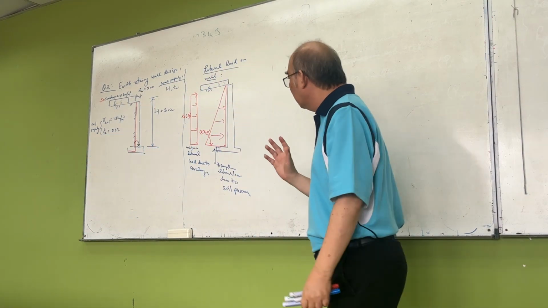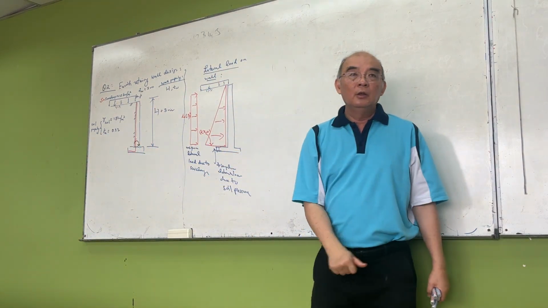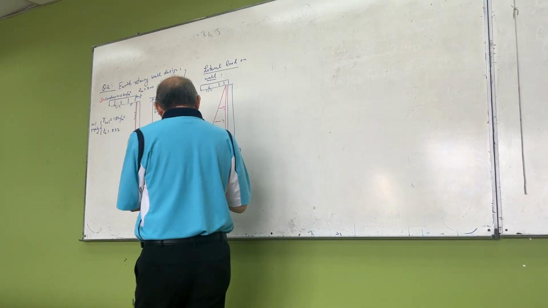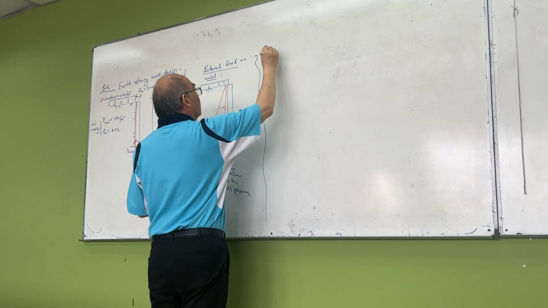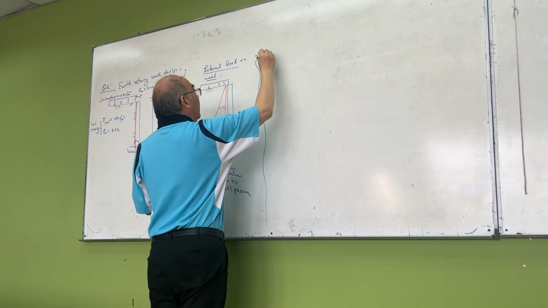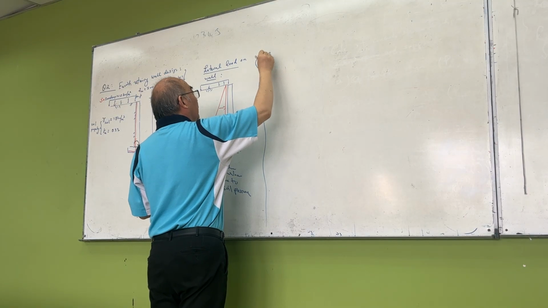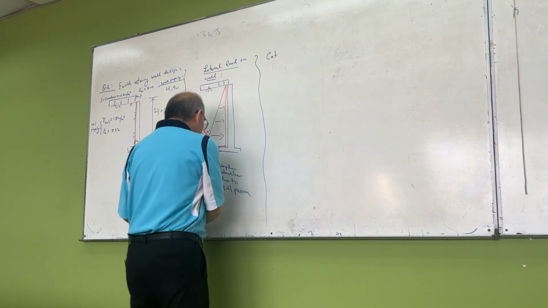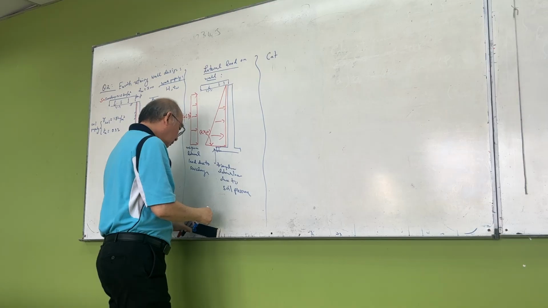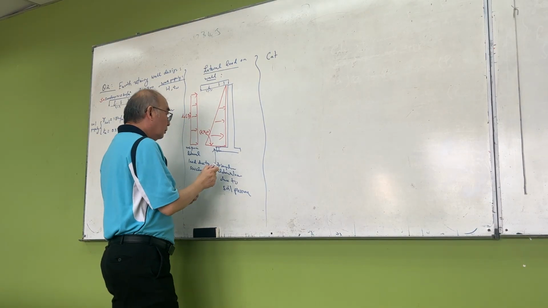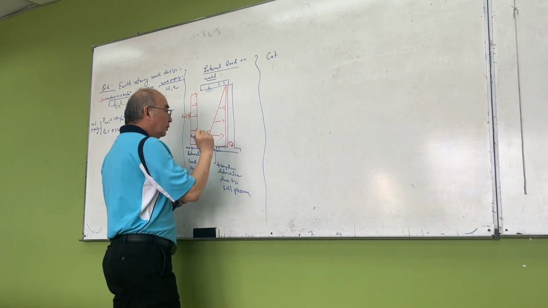So then you go to the lateral load on wall and the cantilever moment, the calculation of the cantilever moment at the base. So we have a bending moment here.